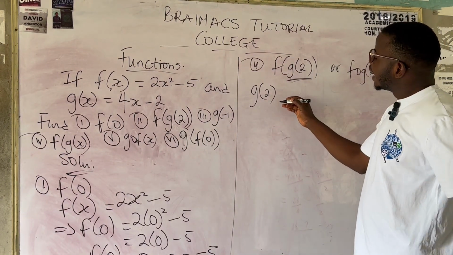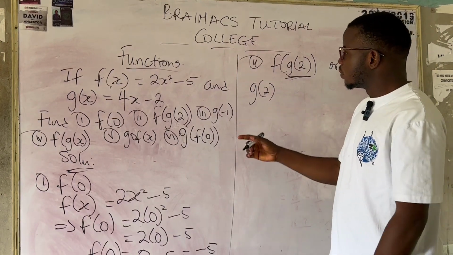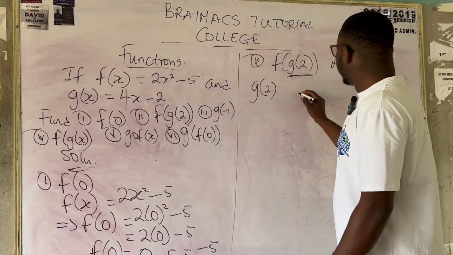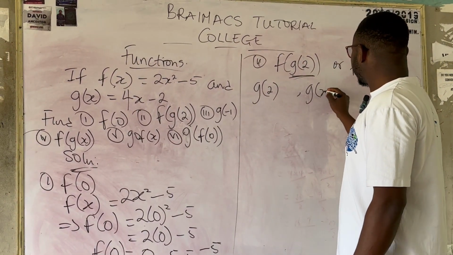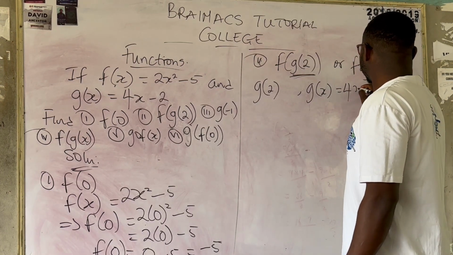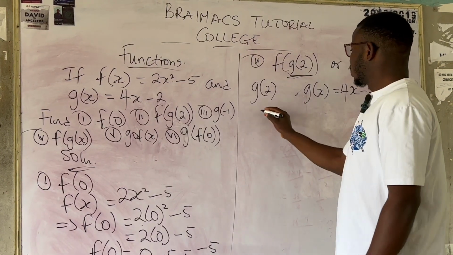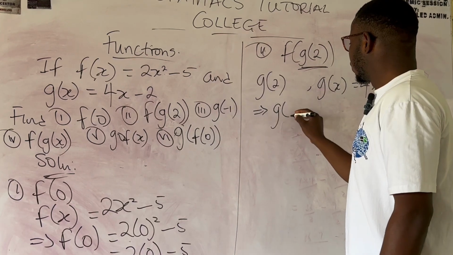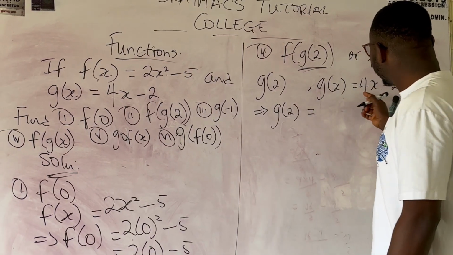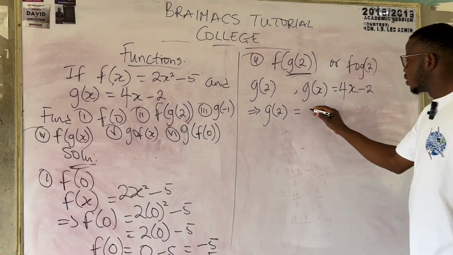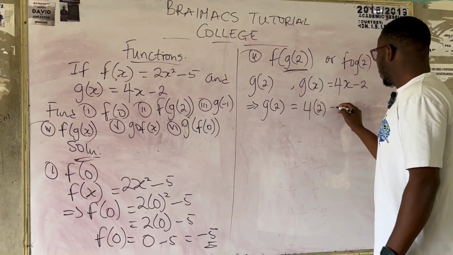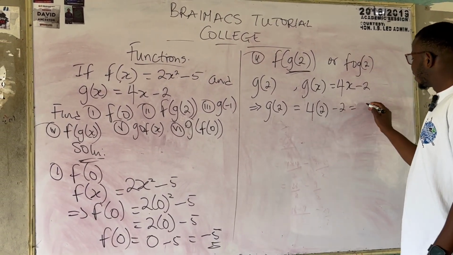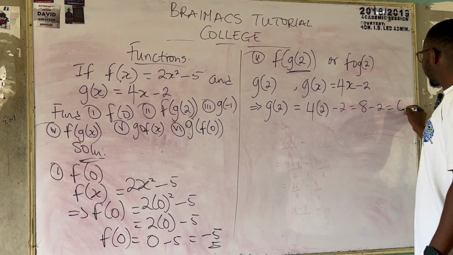And to obtain g of 2, we'll go back to g of x. From the question, g of x is equal to 4x minus 2. This implies that g of 2 is equal to, wherever we see x in g of x, we put 2. So that will be 4 times 2 minus 2. 4 times 2 is 8, minus 2, that's 6.